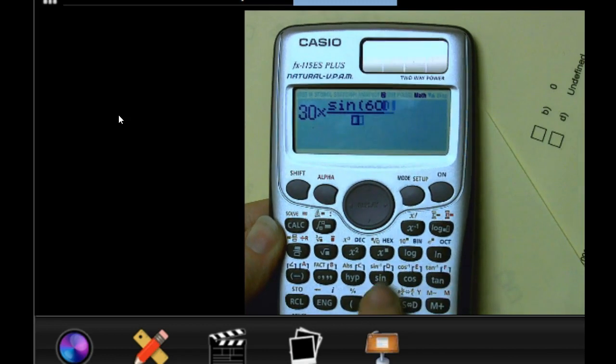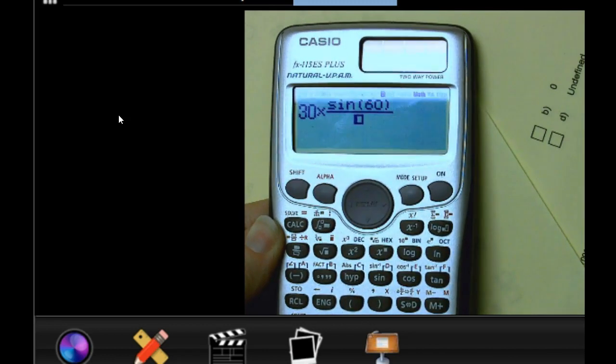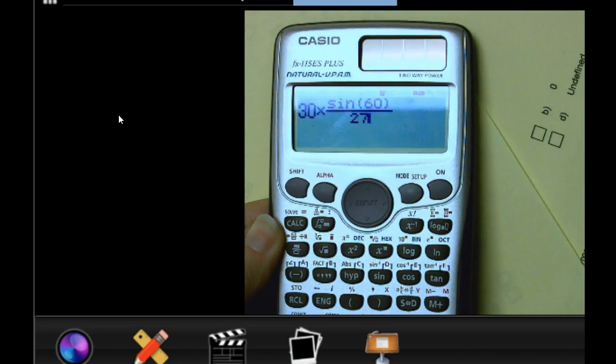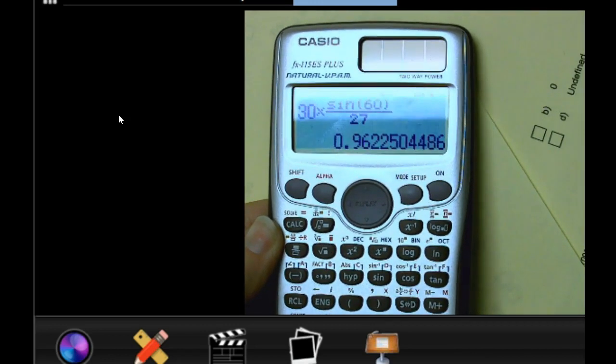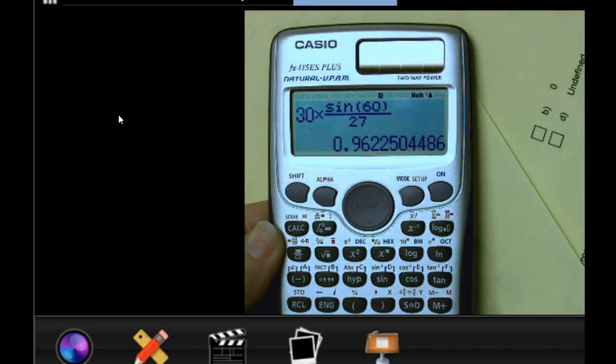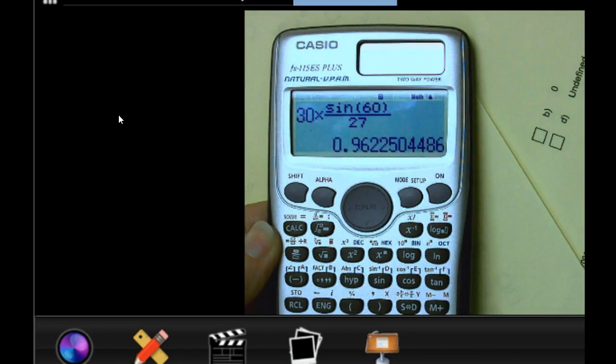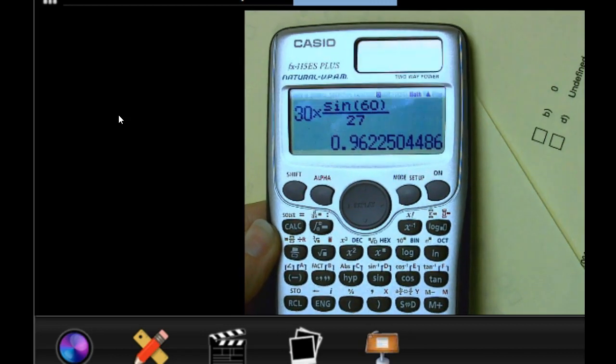Close my parentheses over 27. Hit equals, and I get this, but I really want my decimal here. Okay, so this decimal, is this my answer? Is that my angle measure? And the answer to that is no. That is the sine of theta. So I need to get theta.